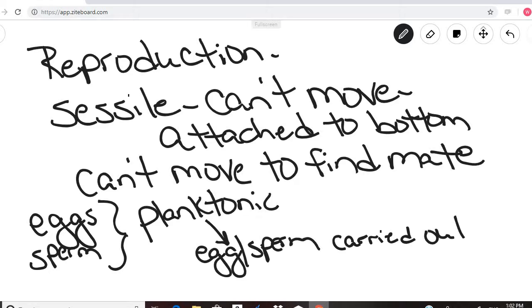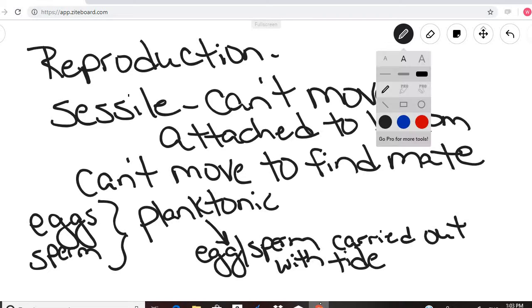Then, as we've talked about previously, it's a matter of chance whether the egg and sperm will meet up for fertilization. But it's important that the gametes, the eggs and sperm, are planktonic so that they can be carried out, and that increases the likelihood of fertilization taking place.